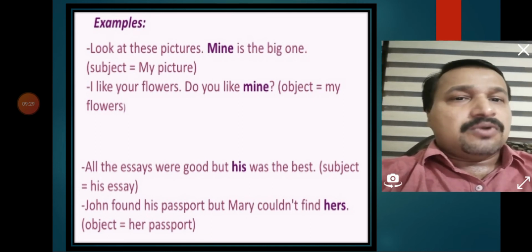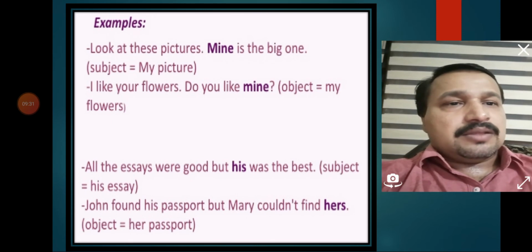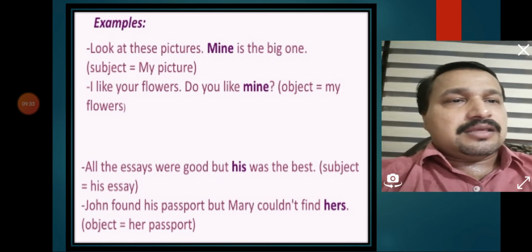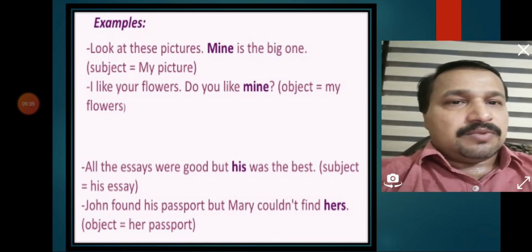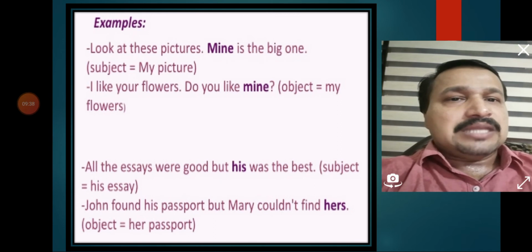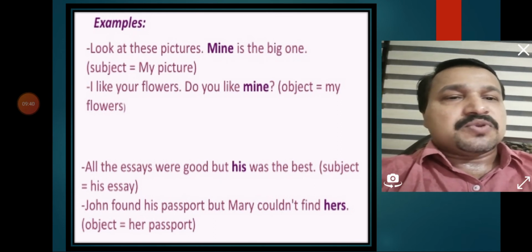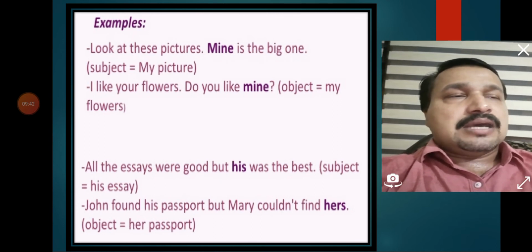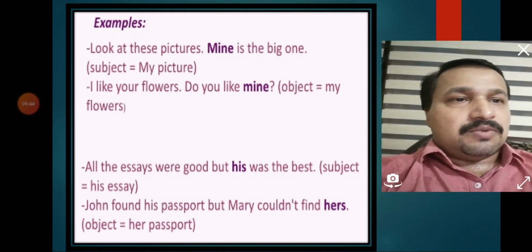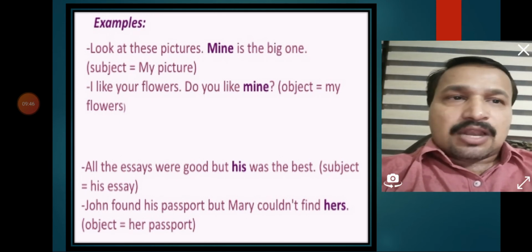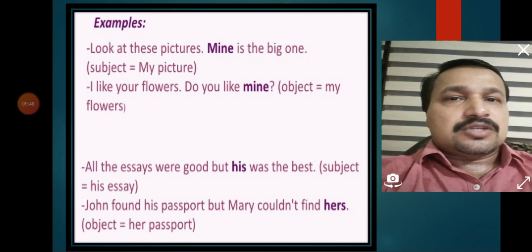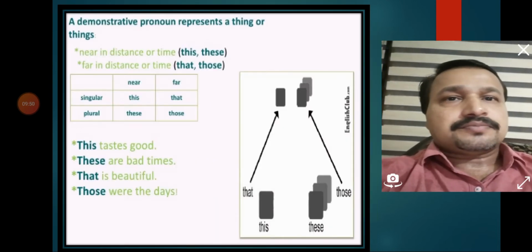Hers stands for her passport. There you can see her is used to qualify the word passport. I repeat, her is considered to be a possessive adjective, but hers is the word that can stand alone, so it is considered to be a possessive pronoun.